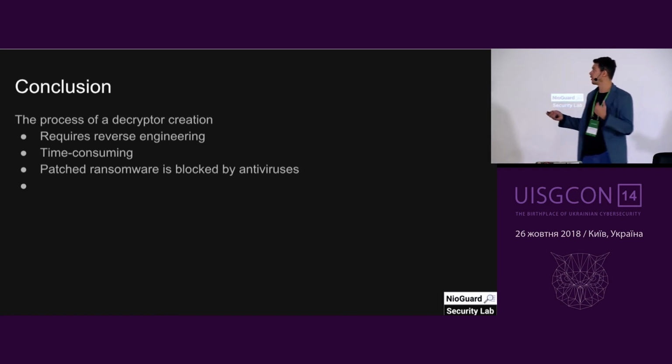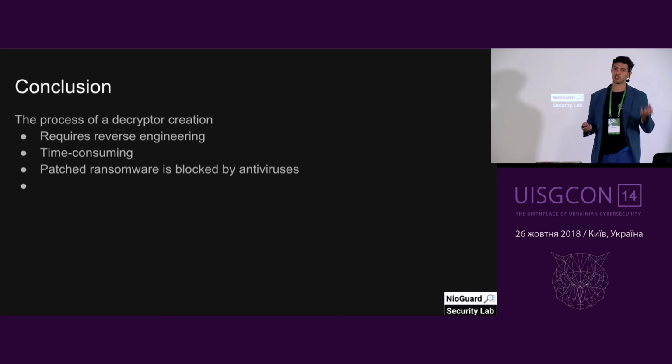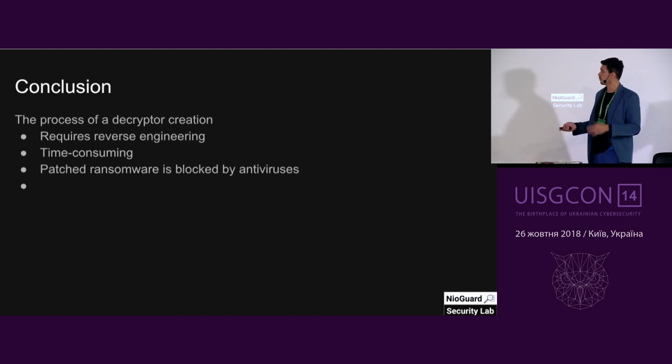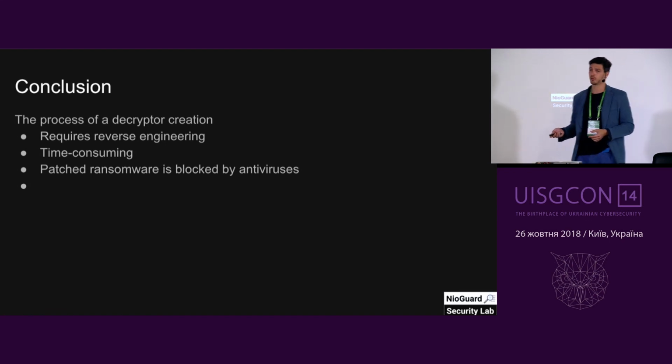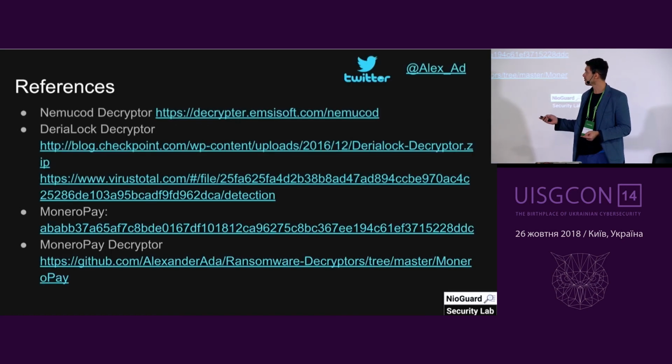Or, in our case, we decided to create scripting decryptors so they can be easily verified, viewed, and used to decrypt the files. Unfortunately, we had only a few cases where we could create decryptors.